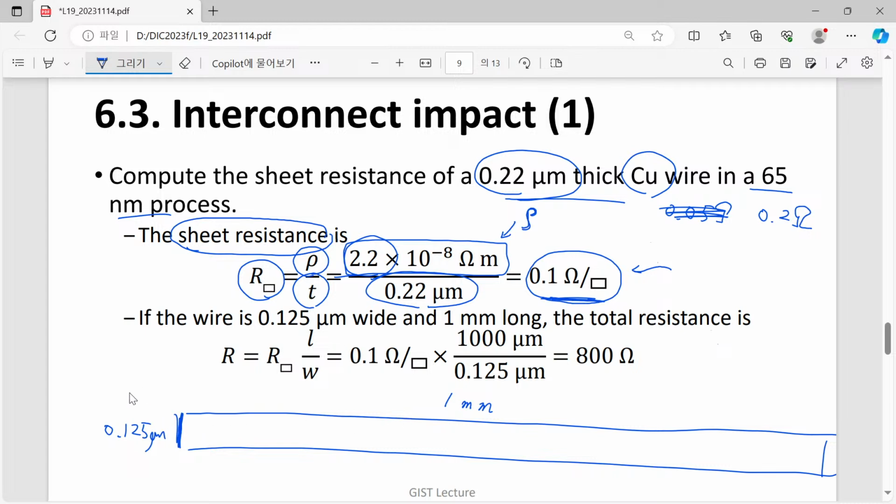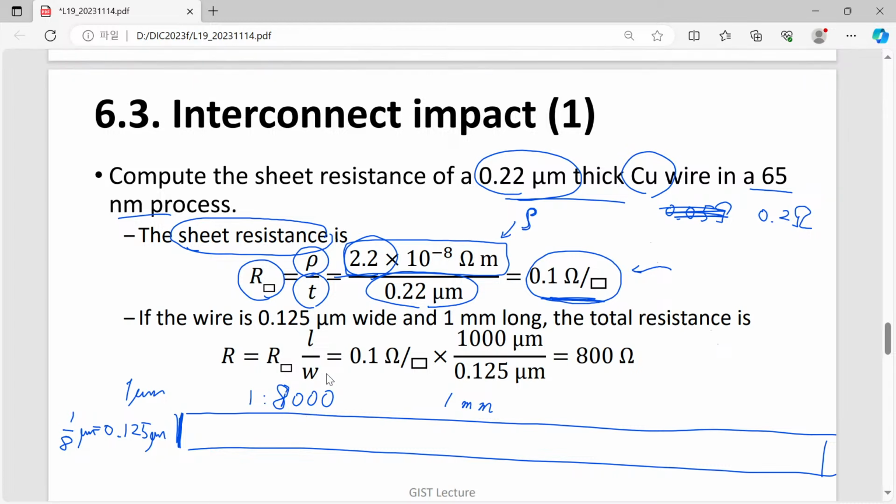Between micrometer and millimeter we have 1 to 1000, and for 1/8 micrometer we will have 1 to 8,000 as the ratio between width and length. So we must multiply this number 8,000 by our sheet resistance. So we will have a resistance of about 800 ohm. This is quite a huge number.